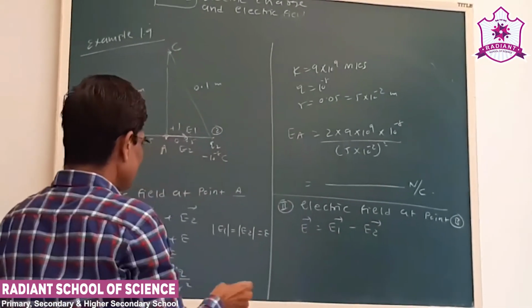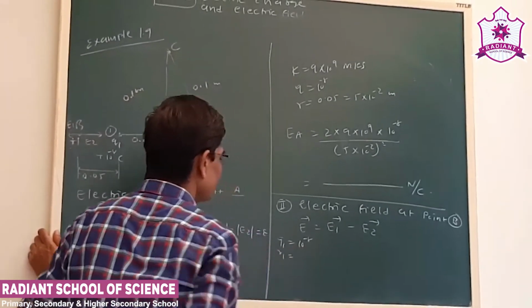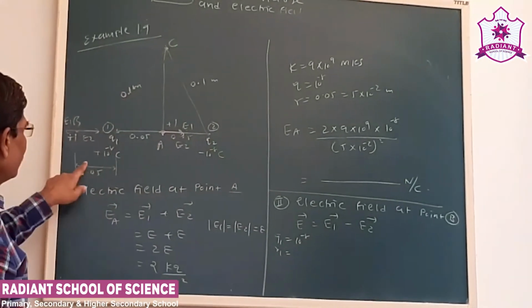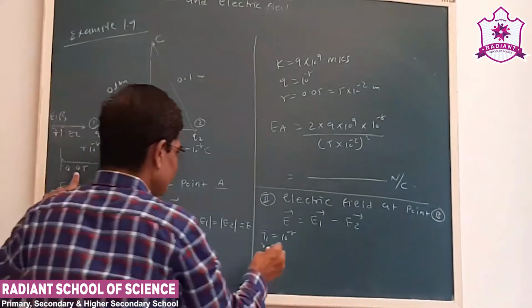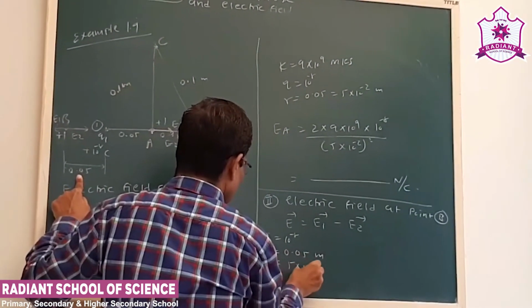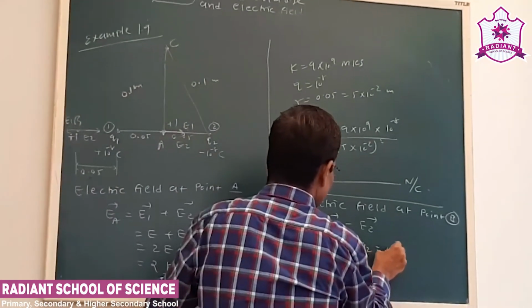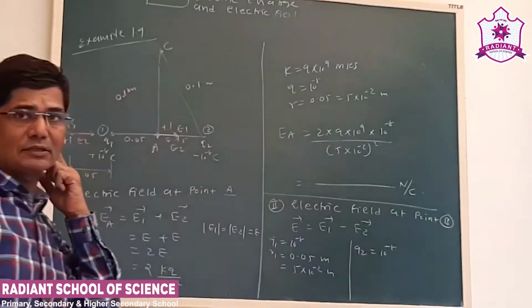Now charge Q1 is 10 to the minus 8. R1 is the distance of B from Q1, that is 0.05 meter, 5 into 10 to the minus 3. Now Q2 magnitude is the same. What is the distance?